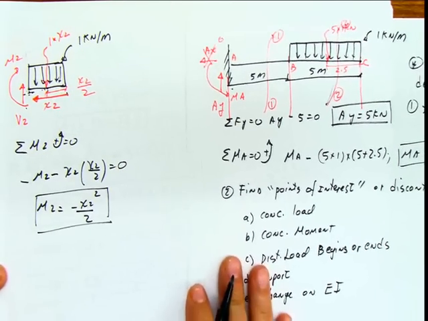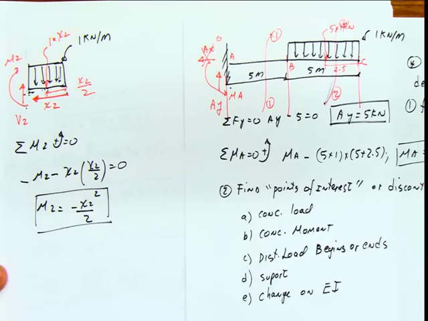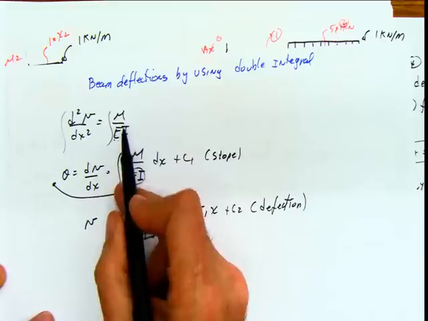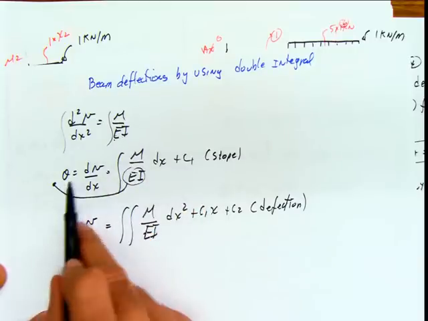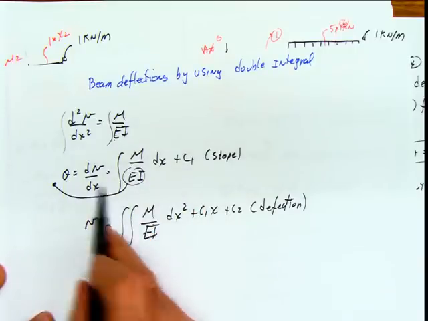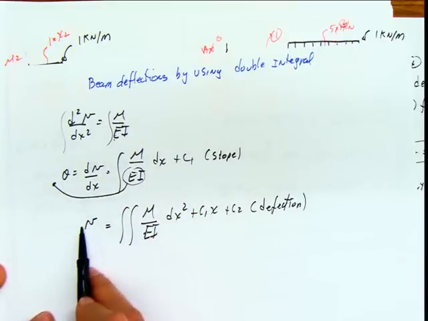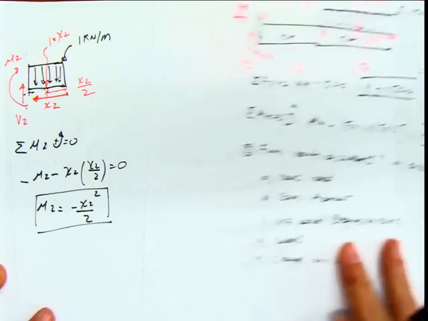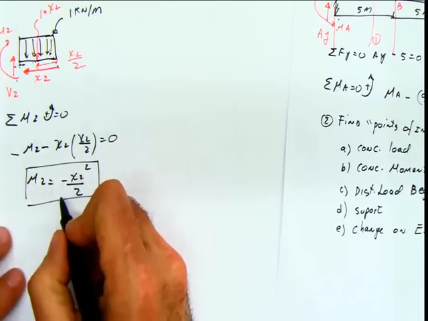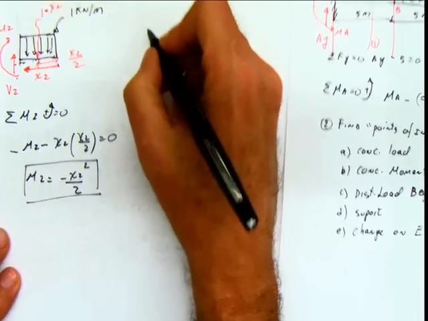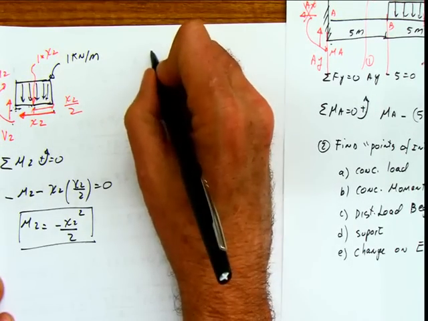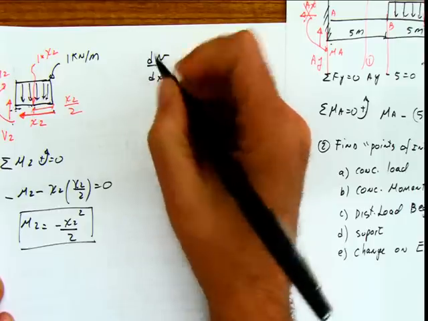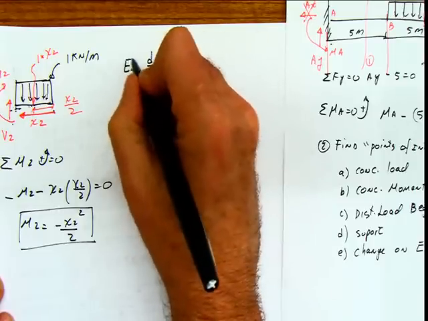Remember, we are looking for the equation of the moment because by using the equation of the moment, I can integrate that once and get my slope, and integrate that twice and get my deflection. So let's do that. I'm going to integrate this for the very first time. If I do that integration, what I'm getting is dv dx, and I'm going to multiply that by EI.